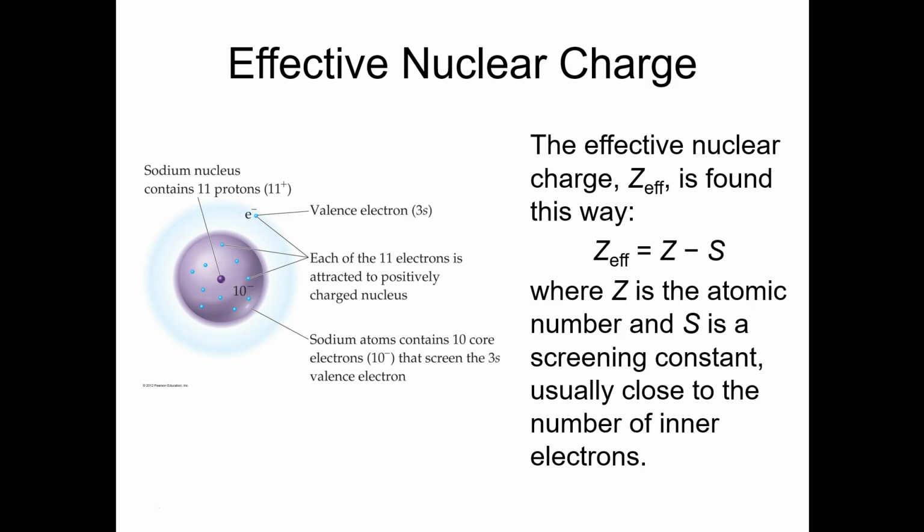So for example, a sodium atom has 11 electrons, 10 of which are core. The nucleus has a charge of 11. And so the effective nuclear charge for the valence electron of a sodium atom is about positive 1, because Z effective is equal to Z, which is 11, minus the screening constant, which is roughly equal to the number of core electrons, which is 10. So 11 minus 10 gives you 1.